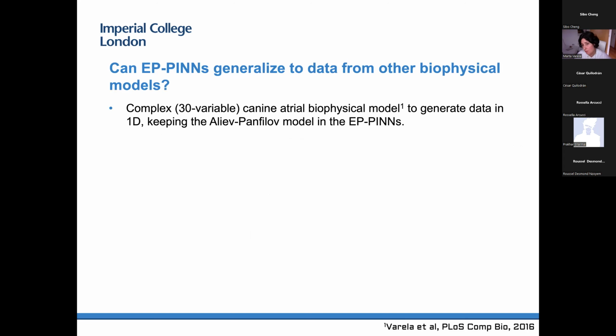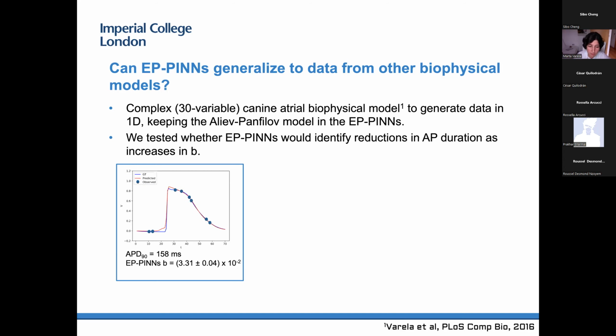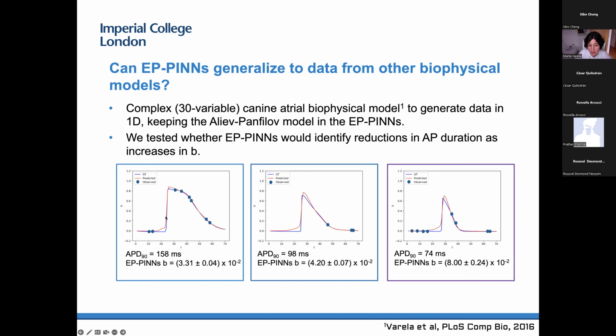So we did a cross-model experiment. We kept the simple Aliev-Panfilov model as the model for the PINNs, but we changed the generating model of the ground truth. And we made changes to the generating model such that it generated action potentials with different durations.